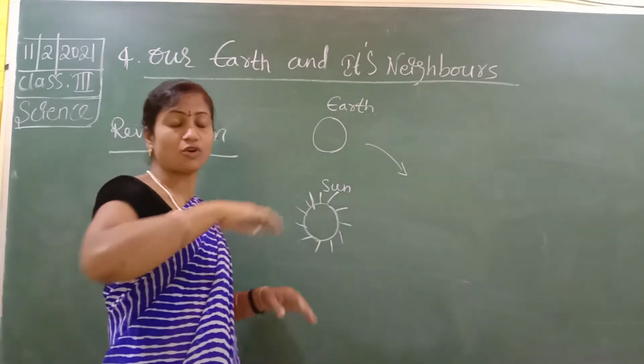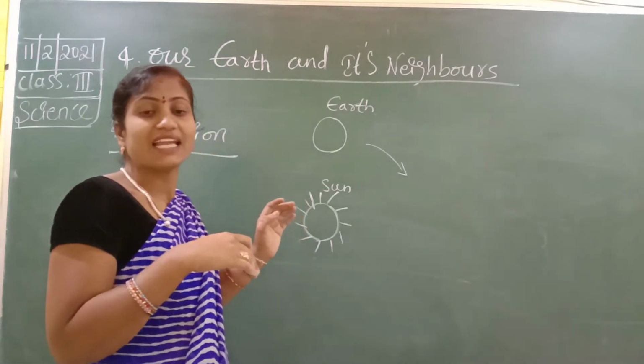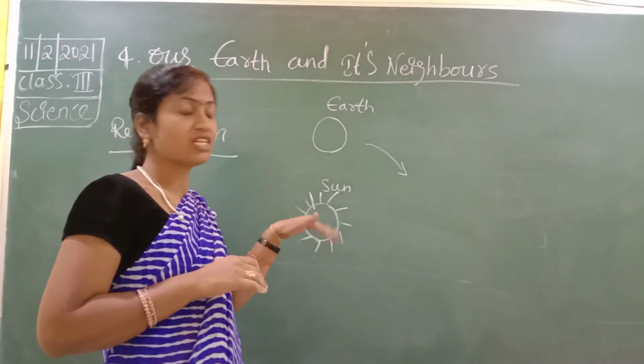So while the Earth rotates on its axis, it also goes around the Sun.